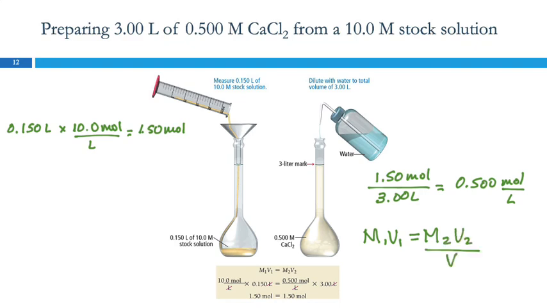So if I divide by V2, those cancel out. And that is equal to the molarity of the new solution. And that's what I did in this calculation. Here's the molarity times the volume, and I took that result and I divided it by the new volume. That gets me the new concentration. Questions?